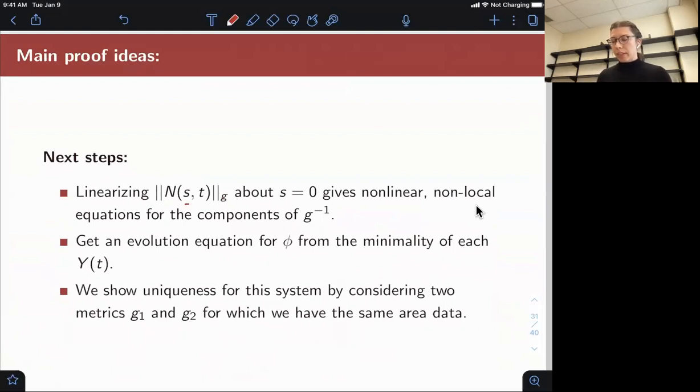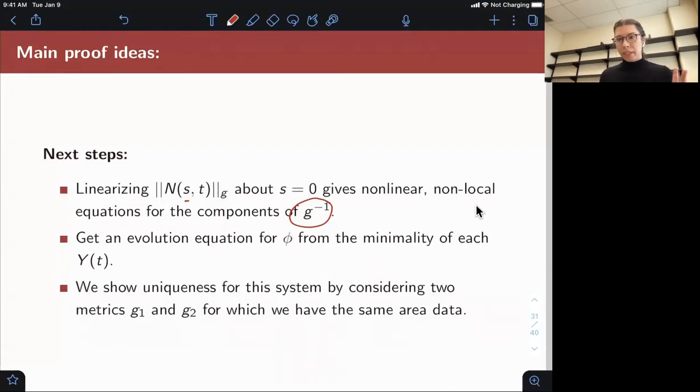And when I do so, I get a very intimidating looking system of nonlinear and non-local equations, each in the components of the inverse metric is how it appears. All right, so in fact, it's nonlinear and non-local in all of the things that I'm aiming to solve.